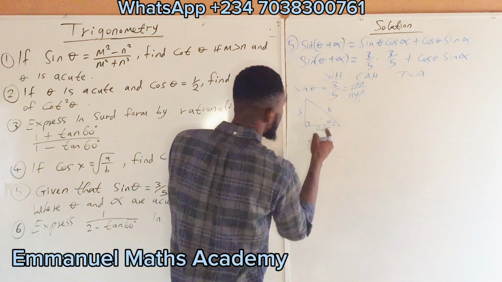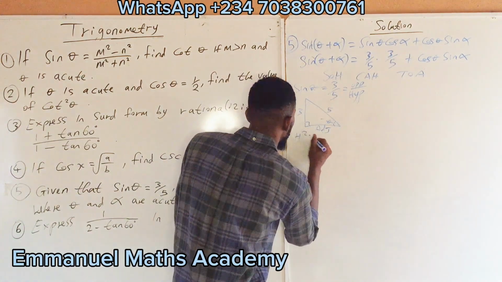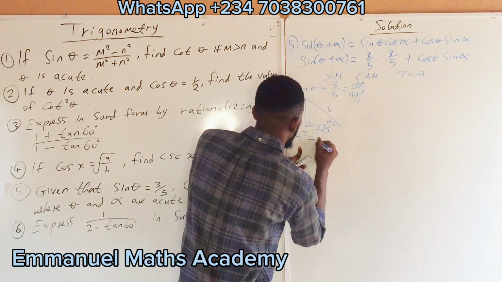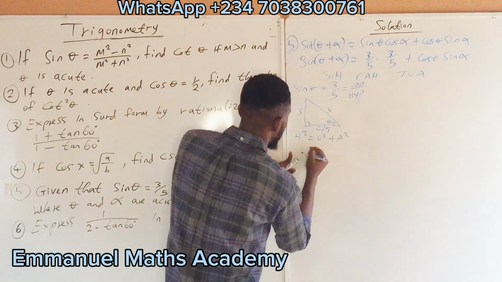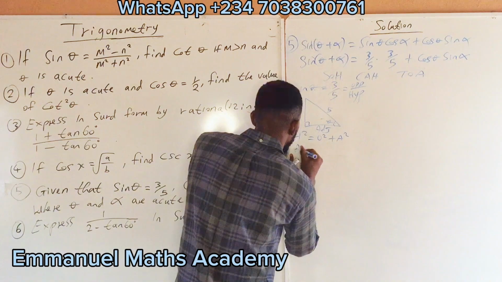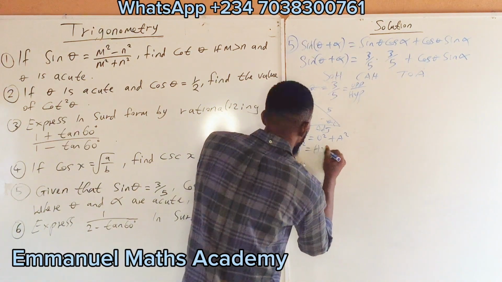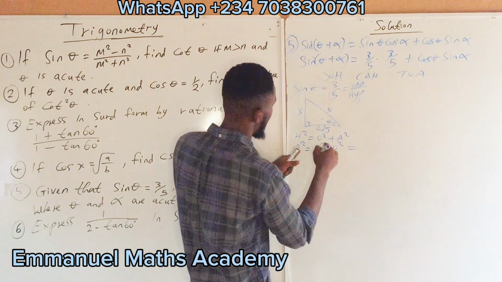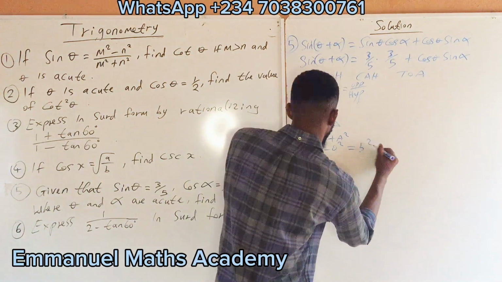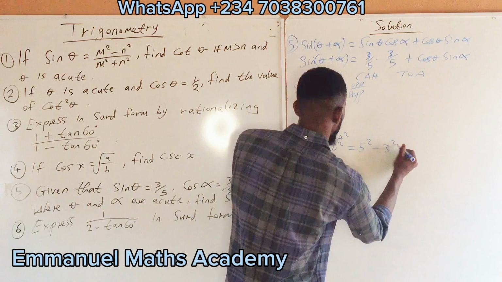So to get this adjacent, you have hypotenuse square equal to opposite square plus adjacent square, right? You make adjacent the subject of the formula. We have adjacent square equal to hypotenuse square minus opposite square, which is equal to, what's our hypotenuse? 5 square minus opposite 3 square.